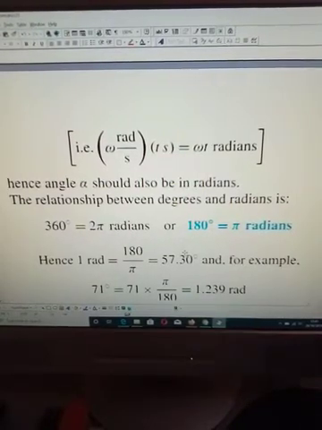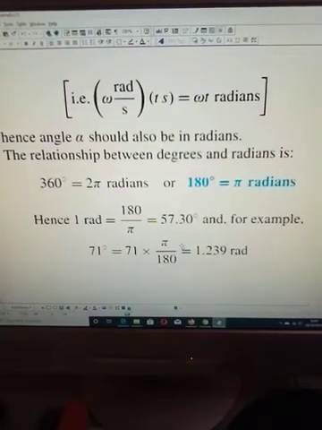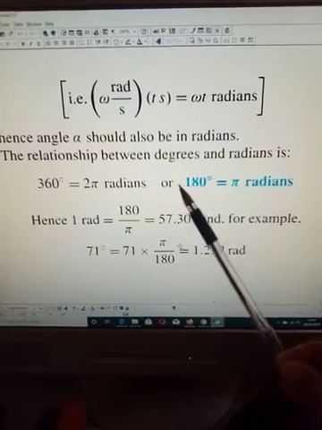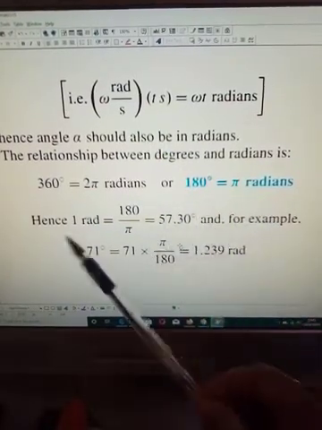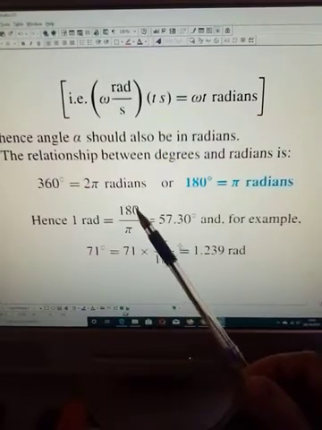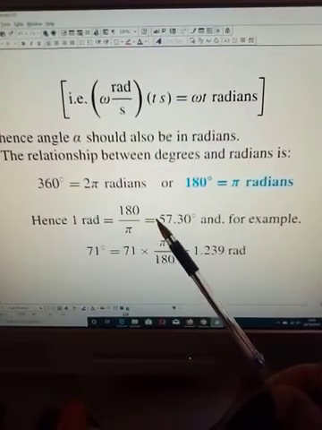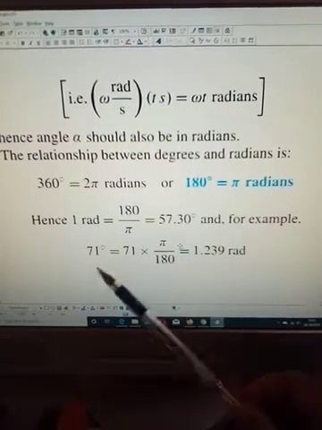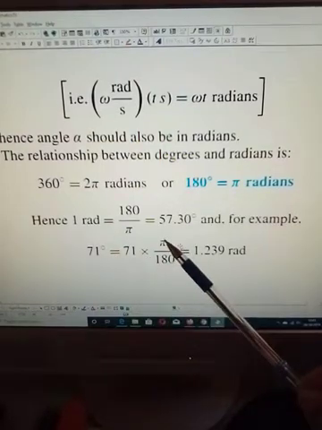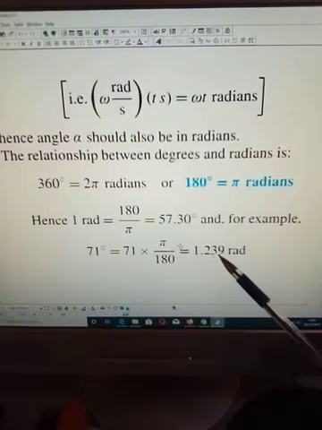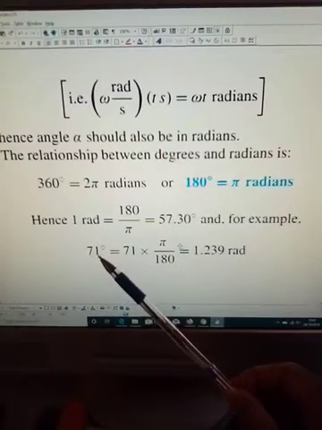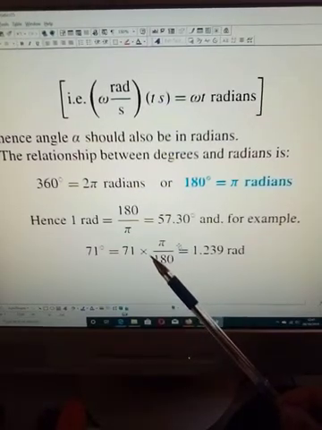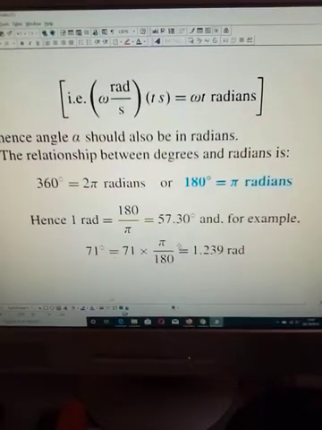The relationship between degrees and radians is 360 degrees equals 2 pi radians, or 180 degrees equals pi radians. Hence 1 rad equals 180 divided by pi equals 57.30 degrees, and for example 71 degrees equals 71 times pi over 180 equals 1.239 rads. So we're converting degrees here to radians. You must be able to convert degrees to radians. Practice, practice, practice. Okay?